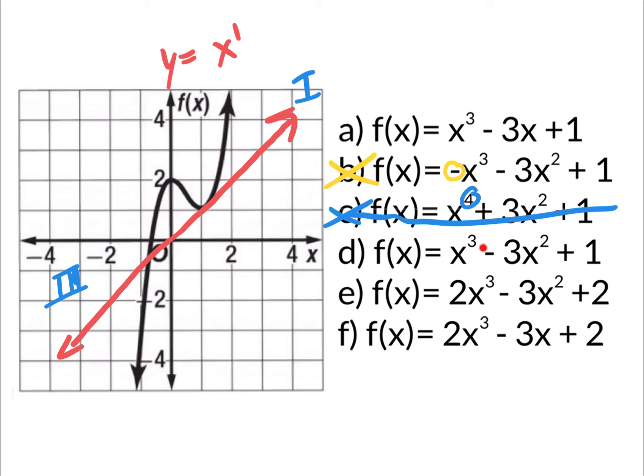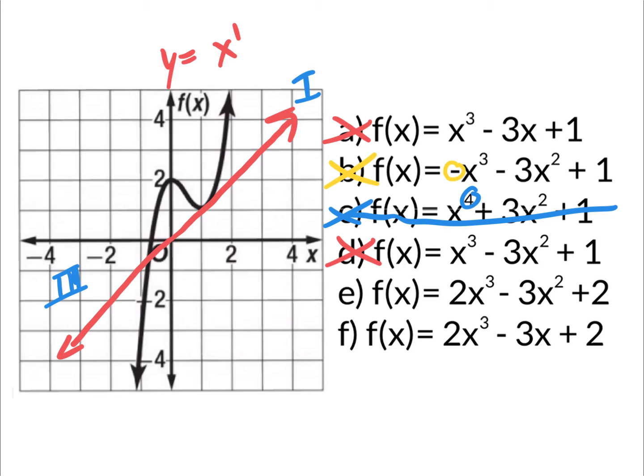So this one right here is saying that it has to cross through the y value of 1. And obviously it crosses through 2, not 1. So it has to have the constant value of 2. It cannot have the constant value of 1. So we could eliminate all the ones that have a plus 1 at the very end. So that would be eliminating A, eliminating D. So we're down to those last two options, E or F.